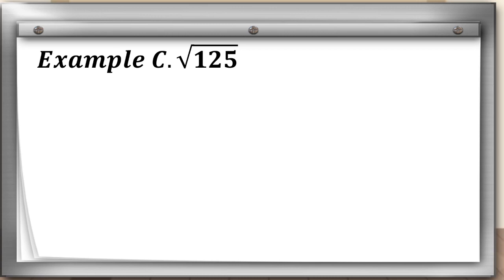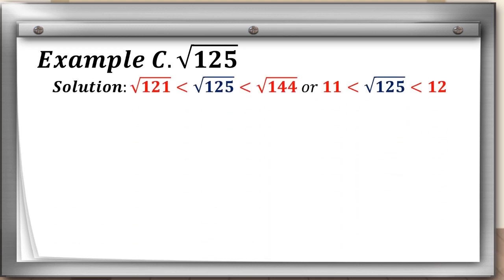Example C. Square root of 125. Step 1. Since hindi perfect square ang 125, hanap tayo ng dalawang perfect squares na pinakamalapit kay 125, which are 121 and 144. So we have now square root of 125 is greater than square root of 121 but less than square root of 144.